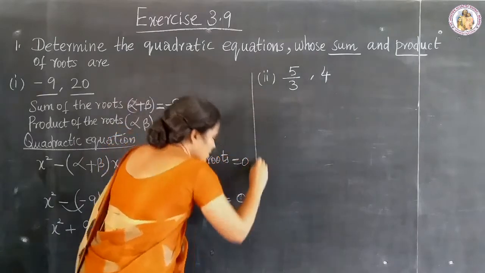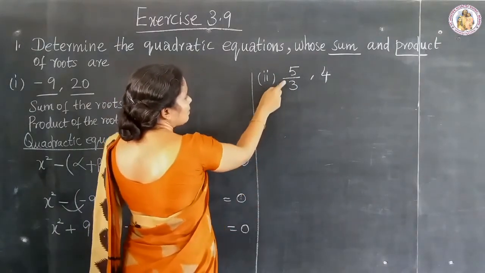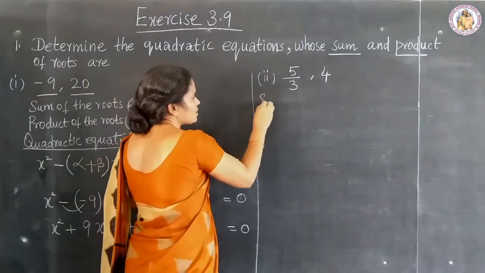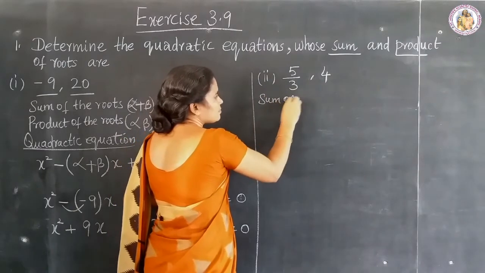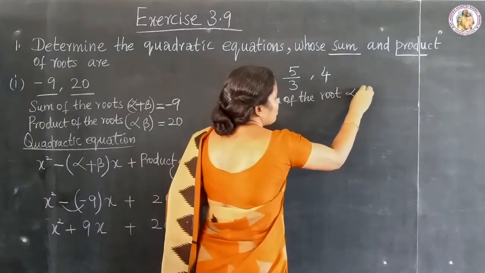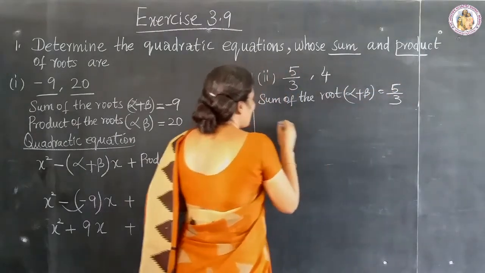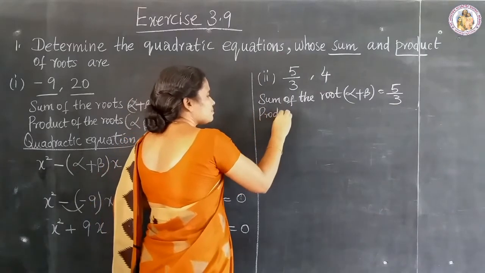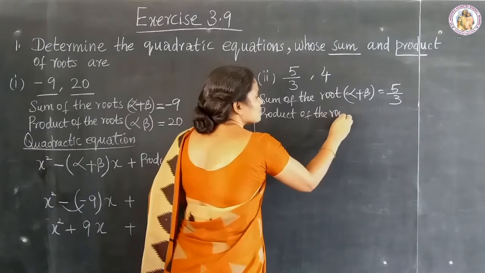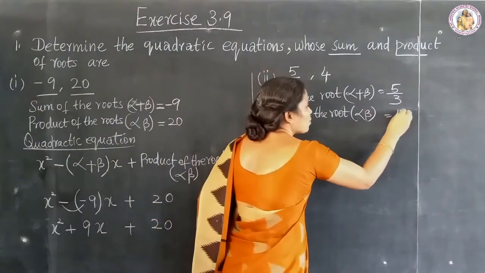Now, let us move on to question number 2. Here we have the sum of the roots as 5 by 3 and the product of the roots as 4. So write the sum of the roots, alpha plus beta, is equal to 5 by 3, and the product of the roots, alpha into beta, is equal to 4.